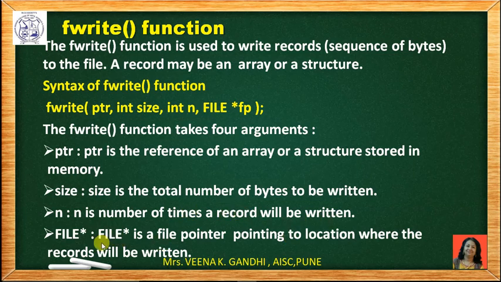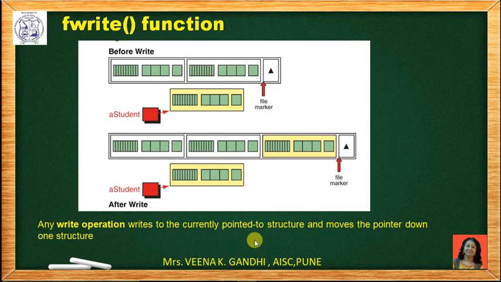And last, the file pointer, pointing to the location where the records will be written. You can see in this figure, before the write the file pointer is here, and we want to write one student record. After writing, the file pointer is moved a number of bytes equal to the size of a student structure. So any write operation writes to the currently pointed to structure and moves the pointer down one structure.